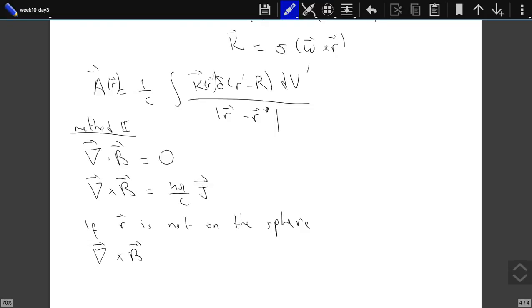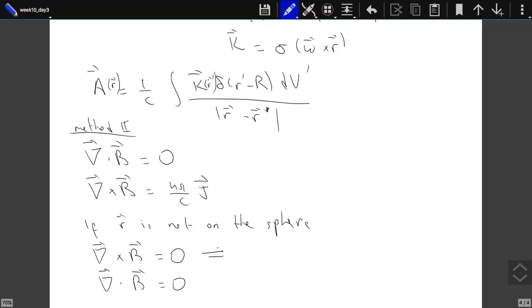So if we are not on the sphere, curl of B is equal to 0, and divergence of B is also equal to 0. They are both 0, just like in electrostatics.